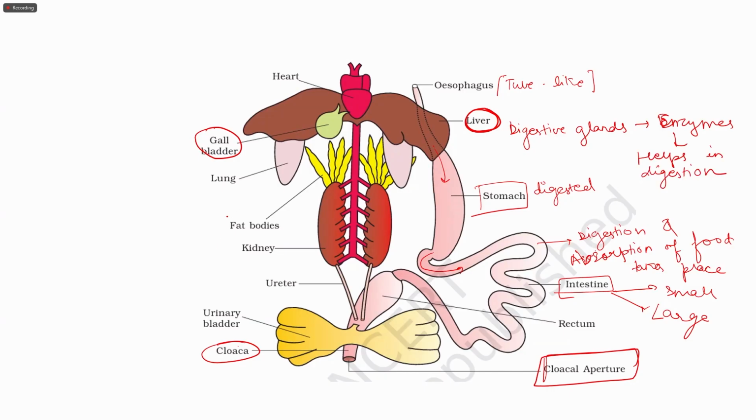So it is a complete alimentary canal starting from the mouth, with an external opening for the excretory system. It consists of buccal cavity, pharynx, esophagus, stomach, intestine, rectum, and cloaca, and also it has digestive glands.